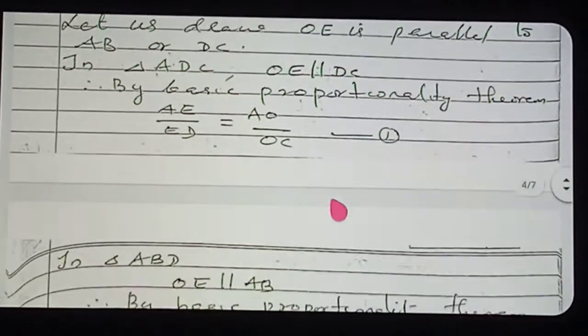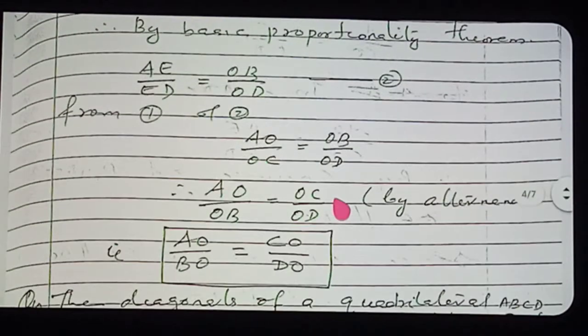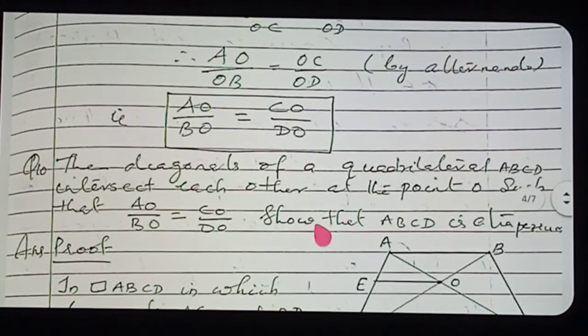Completed? There is one more rider of the same type. That also you go through the points. Question number 10. The diagonals of a quadrilateral ABCD intersect each other at the point O such that AO by BO is equal to CO by DO. This is the converse of the previous rider.